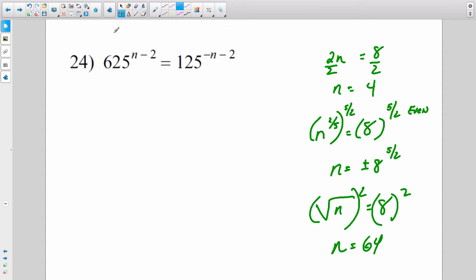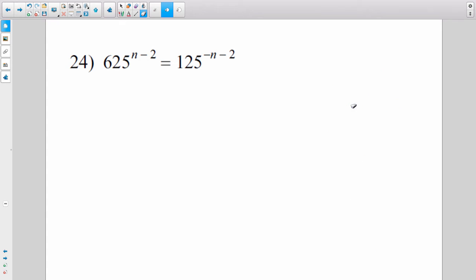We look for something called a common base, because we know that if we can do something like this, let's say you had 3 to the 2x, and that was somehow equal to 3 to the 4x minus 10.